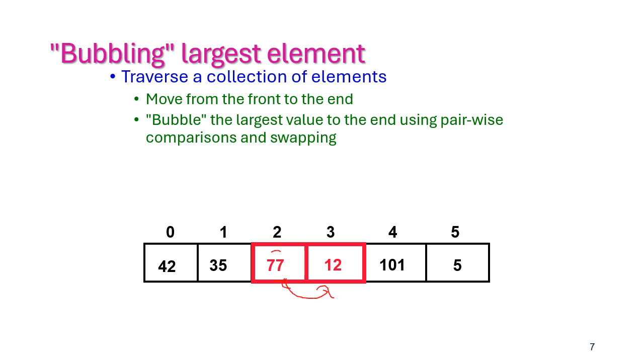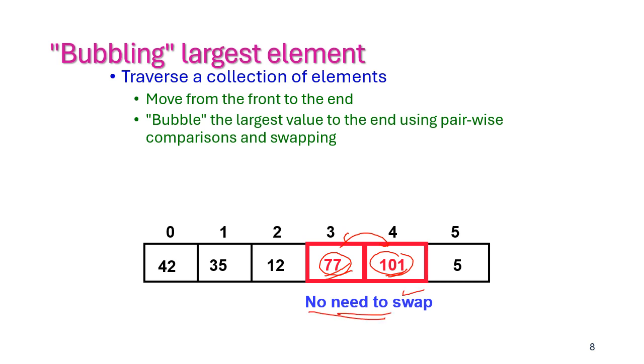Here 77 is greater and 12 is smaller, hence we need to swap these two items: swap 12 and 77. Next let us take 77 and 101. Here 77 is smaller than 101, hence no need to swap these two items.